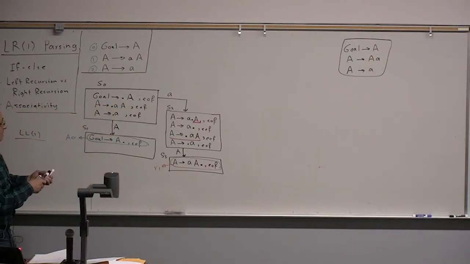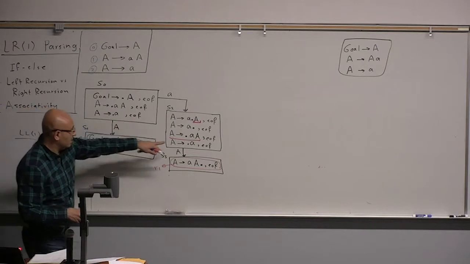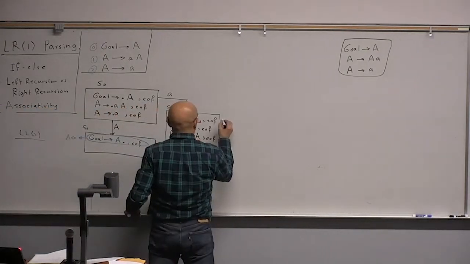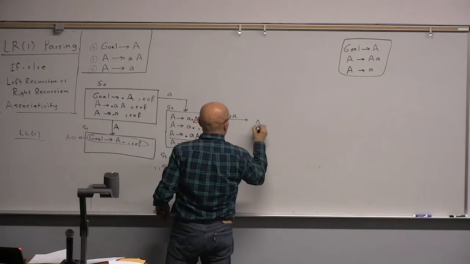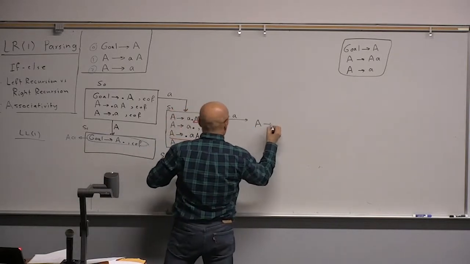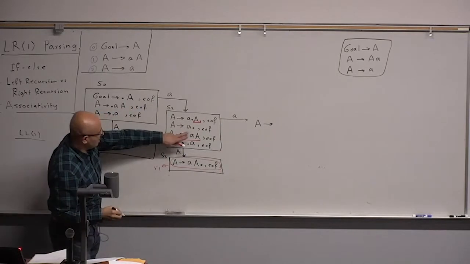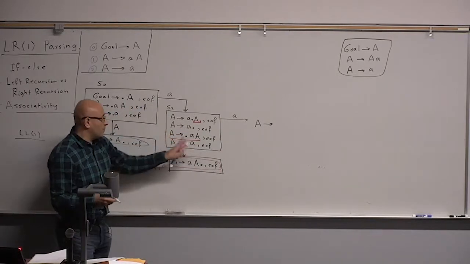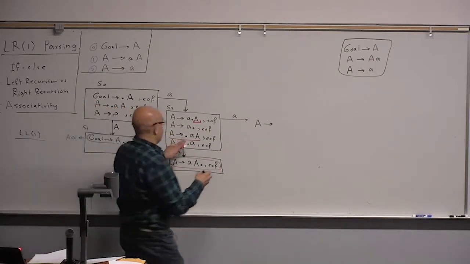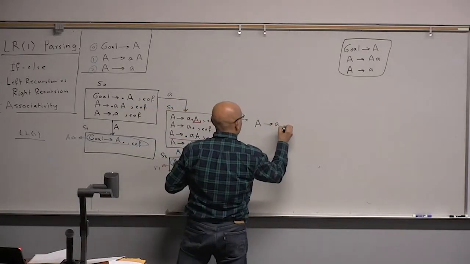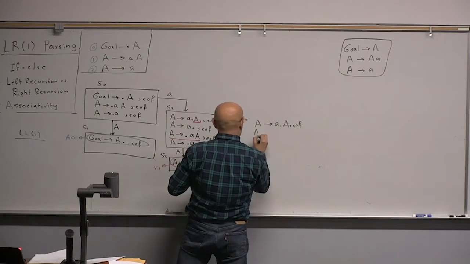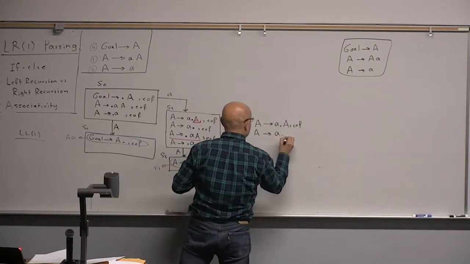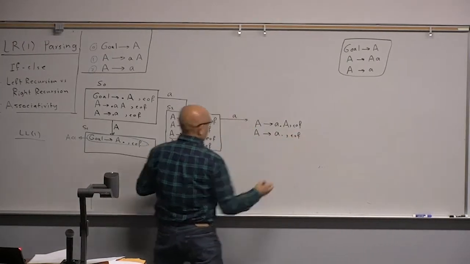Now, what if we have a small a here? So if we have a small a, we will get A goes to, well, these are the ones that are going to move past the small a. So it's going to give us A dot A end of file, and A is A dot end of file.